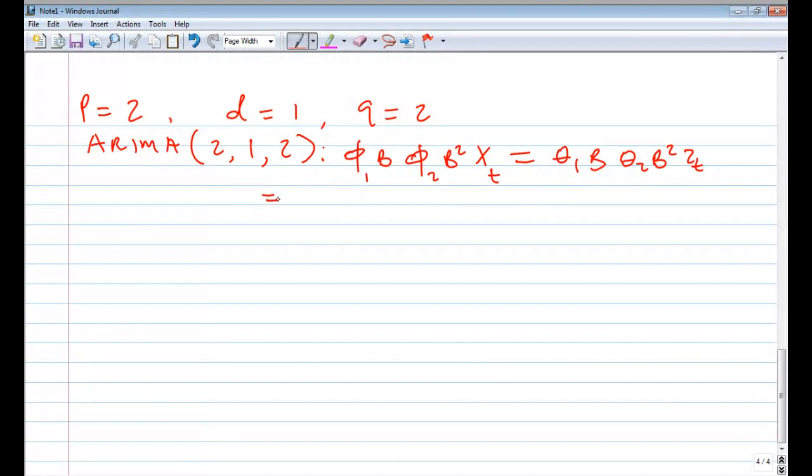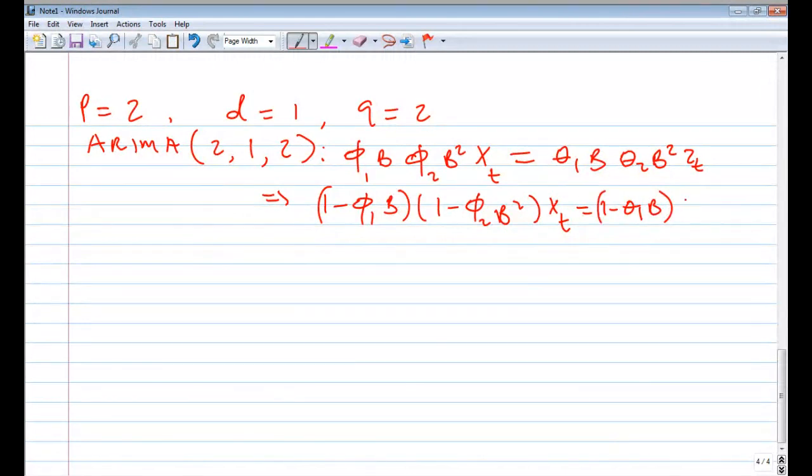Which you can also write as 1 minus phi 1 B, 1 minus phi 2 B squared, X_t, which is also the same as 1 minus theta 1 B, 1 minus theta 2 B squared, then Z_t. Are we together? So you can also go on and open the brackets, all those things.